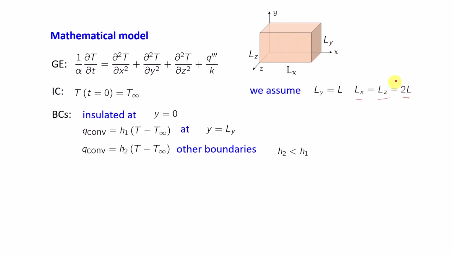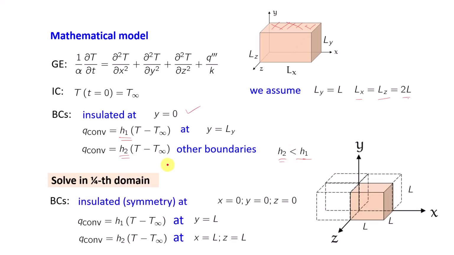Actually it is not too much higher, but from the modeling perspective this would be our starting point. It is insulated at y equals 0, because at y equals 0 it will be difficult to have any heat transfer at all. On the other side, at y equals Ly, I have convection due to liquid, and on the other side there is still air, so convection to air. So H1 is due to liquid convection, H2 is due to air convection, and H2 is less than H1 because the liquid will take more heat.